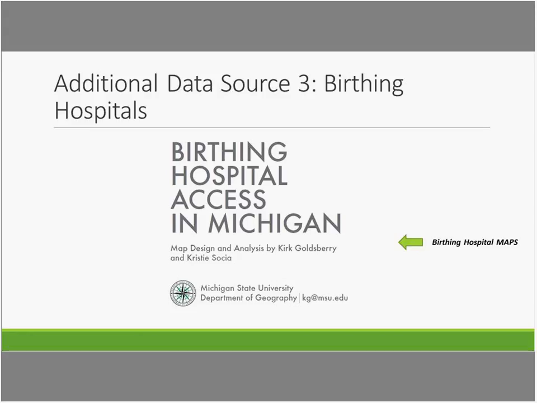We'll be sending out maps on birthing hospital access in Michigan. One note on one of the maps, it doesn't include the birthing hospital in Tawas in Northeast Michigan. We'll say that again when we send out this resource.